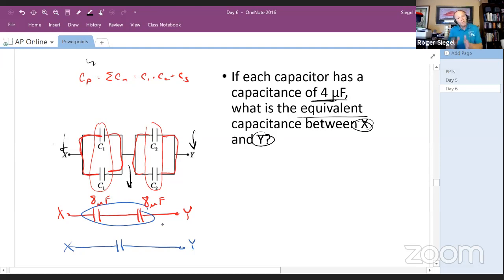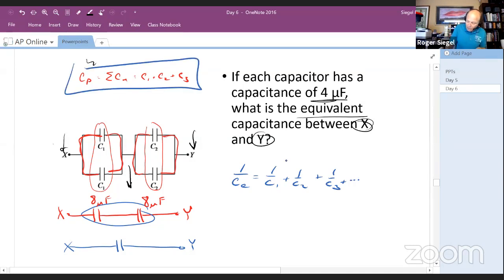These two are one right after the other, and that's in series. Our formula for series is 1 over C equivalent is 1 over C1 plus 1 over C2 plus 1 over C3 plus and so on. Again, this is the parallel up here, and this is series, and these two are in series.